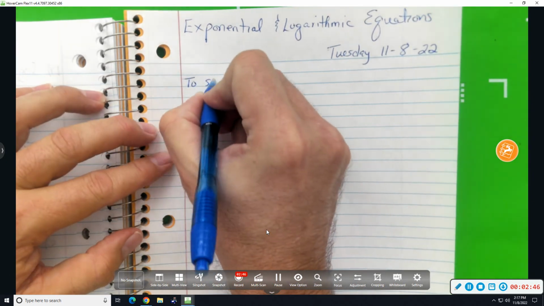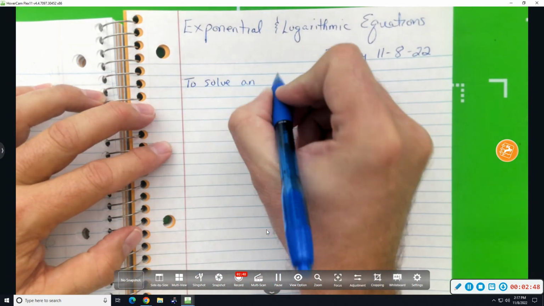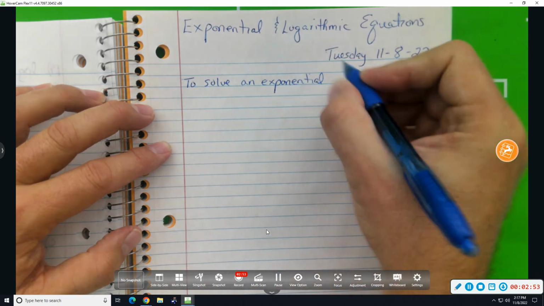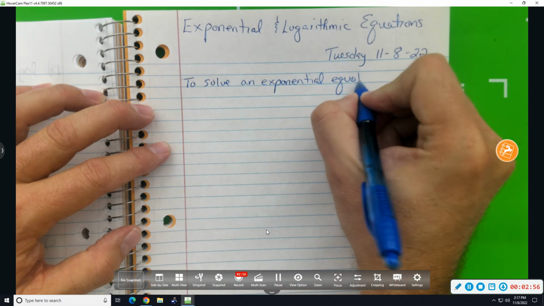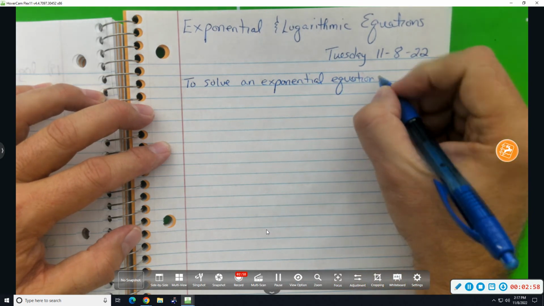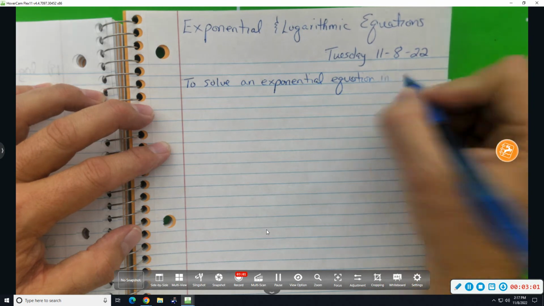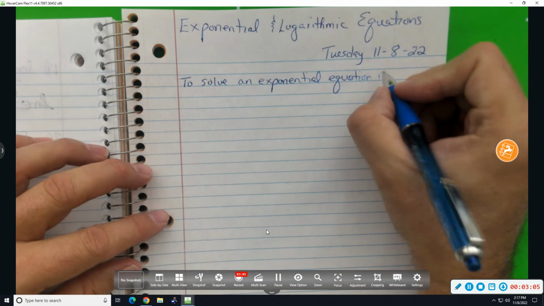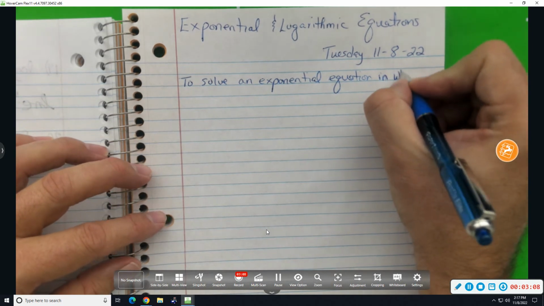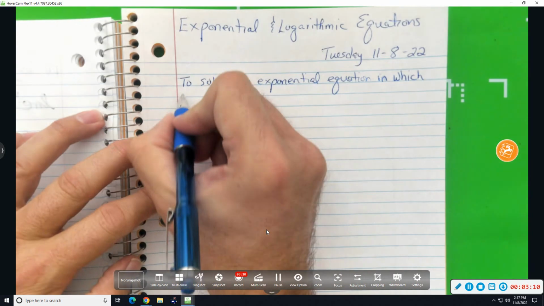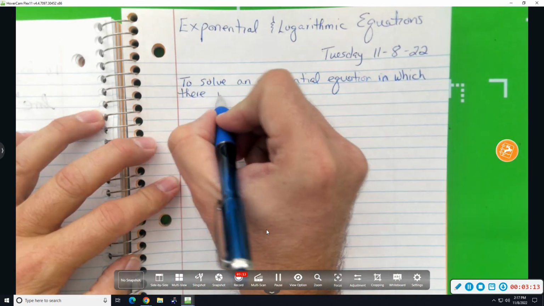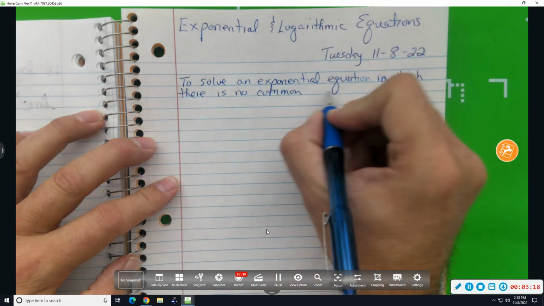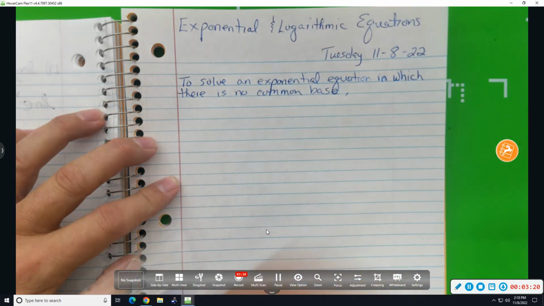To solve an exponential equation in which there's no common base, it's going to sound sort of strange.